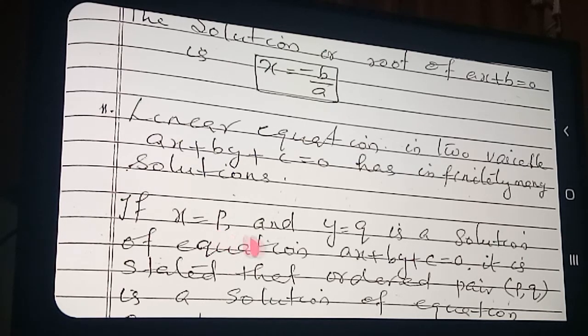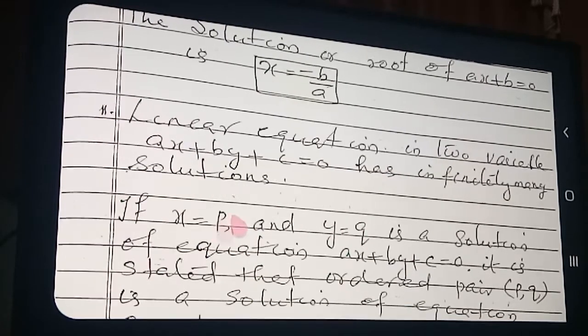Got it clear? The ordered pair (2, 3) is a solution. For example, if we give 1 in the place of x and 5 in the place of y, we write the ordered pair (1, 5) is a solution. Is it clear? The same way, what we wrote here: the ordered pair (p, q) is a solution of the equation.